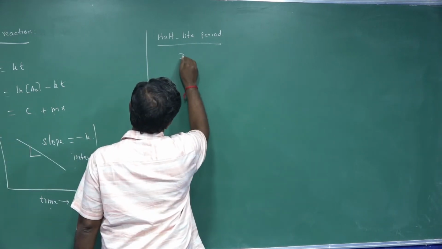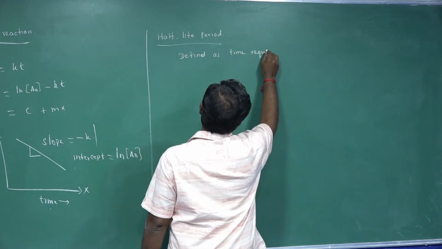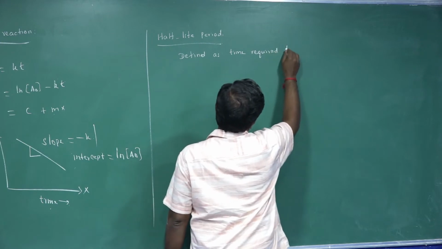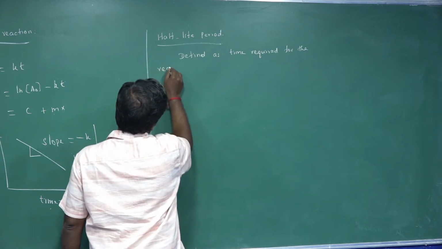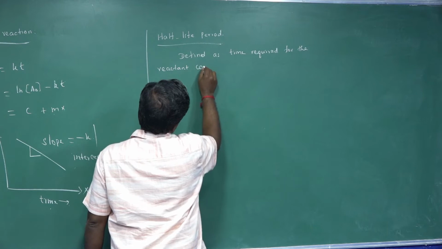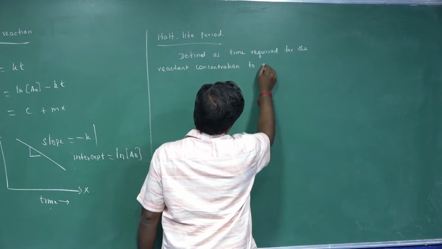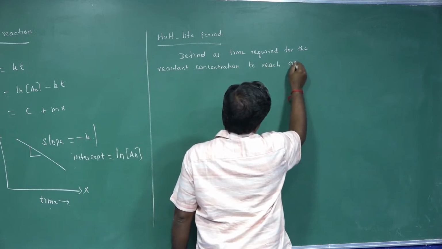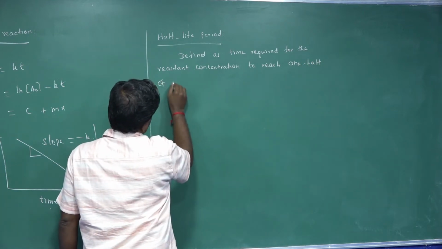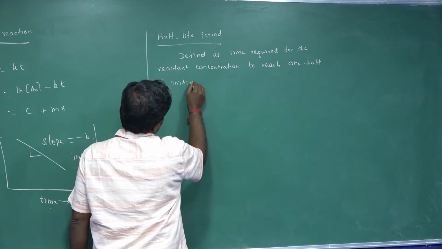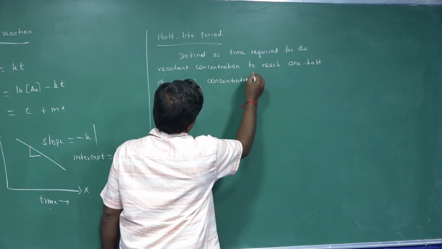Half life period is defined as the time required for the reactant concentration to reach one half of its initial concentration.